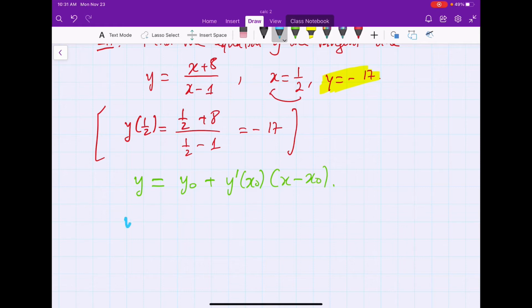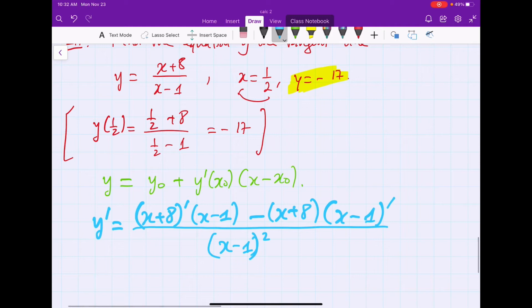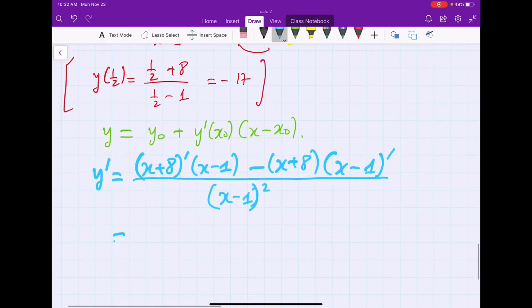Derivative. y prime equal to, I use the quotient rule in this case. So I have the derivative of x plus 8 times x minus 1, minus x plus 8 times the derivative of x minus 1. I very much recommend you write the formula and just apply it directly, and then in the second step you might simplify. And don't forget parentheses.